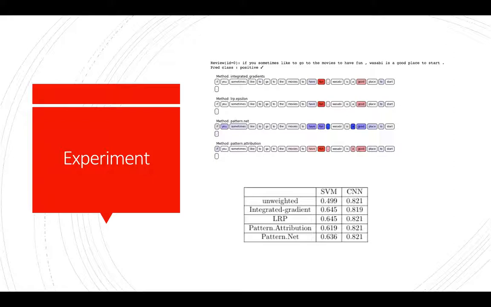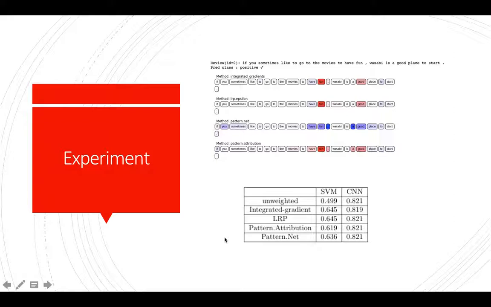But for the SVM module, we can see that after using sample weights, they improve the prediction significantly. But integrated gradient and LRP give better improvement.